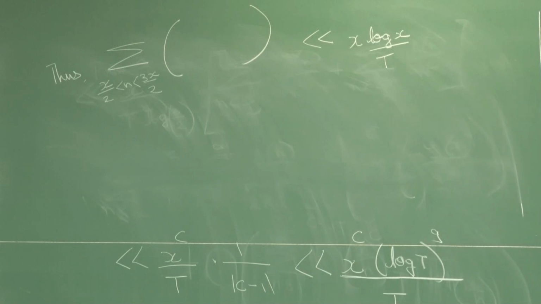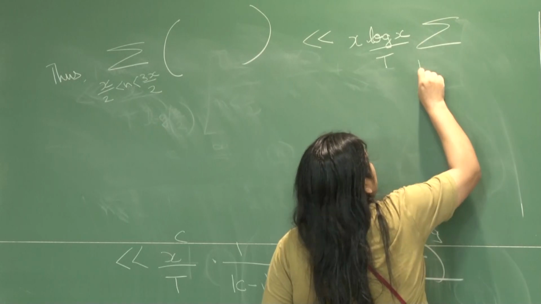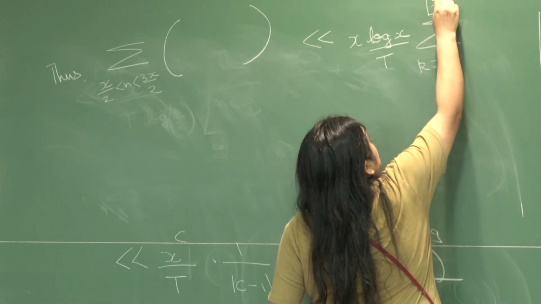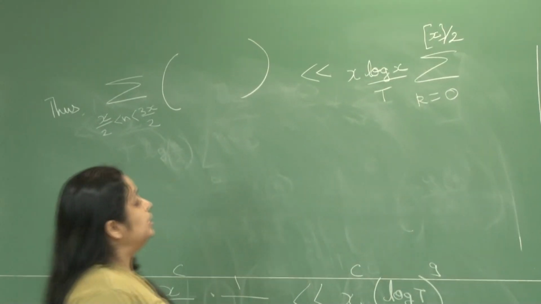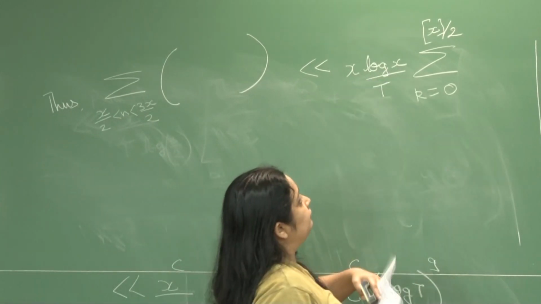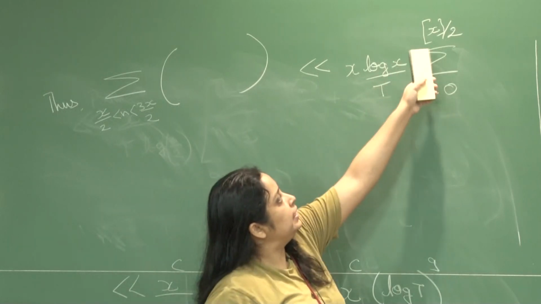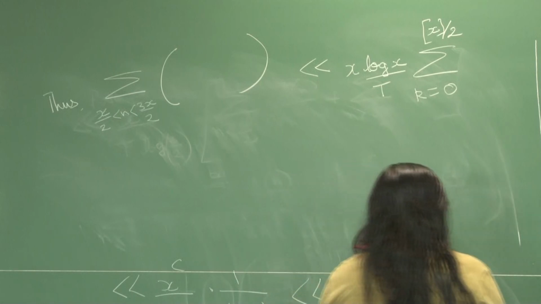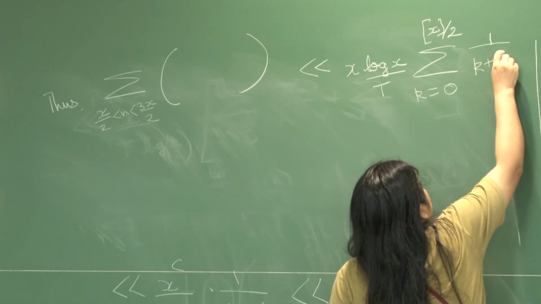Your k runs from 0 to half of the greatest integer of x. If the greatest integer is even, then this is an integer. If it is not, then it has to stop to the left of that. And what are your terms? 1 over k plus half.